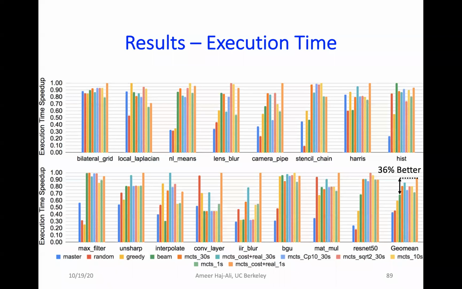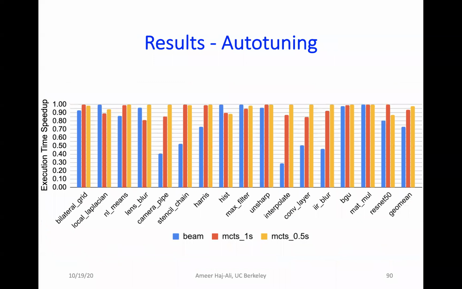Now, if you wonder how long it took to achieve these results, for that we time-bounded the search time for beam search or the MCTSs to 15 minutes. And we ran something called auto-tuning, where basically you run the search until you reach the time budget, over and over, you collect data, and you pick the best at the very end.